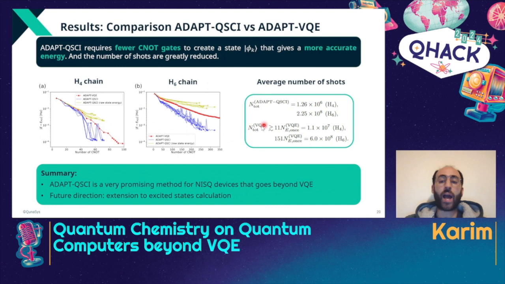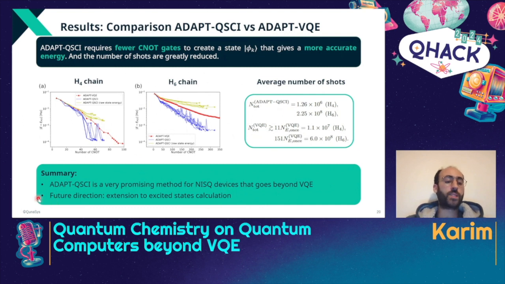And this is basically a lower bound. So the actual number of shots that you require is much bigger for ADAPT-VQE than you would get from ADAPT-QSCI. So this is a very promising method to use for NISQ devices that would allow us to tackle bigger molecules.